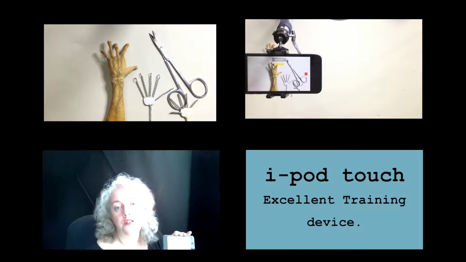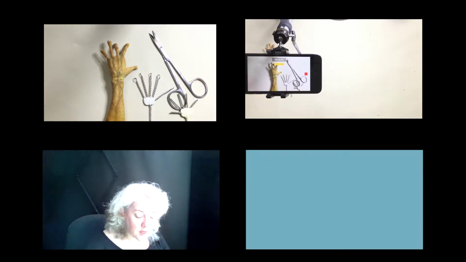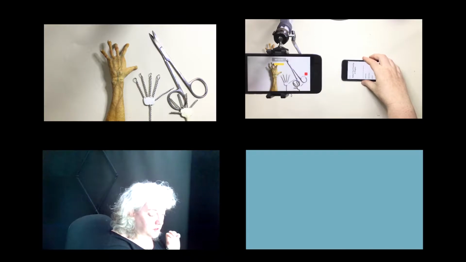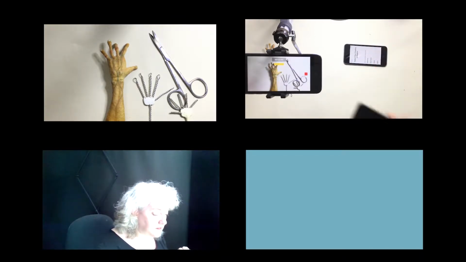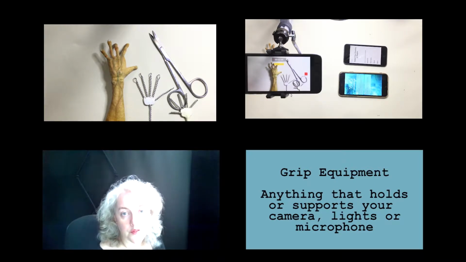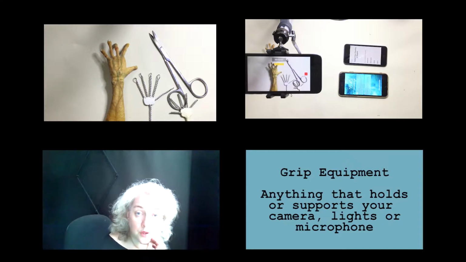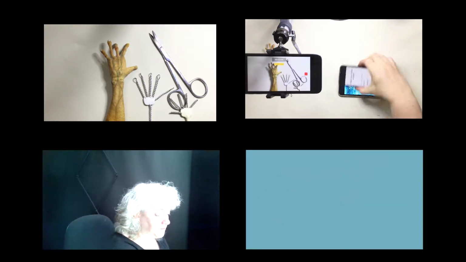Because it's an iPod, there is no phone function, and these are set to your UE login and password, so they're very secure. It's also worth noting that there are two different sizes. So when we start to look at the grip equipment and different ways of supporting your camera, just be aware that everything I show you will work equally well on each of these.